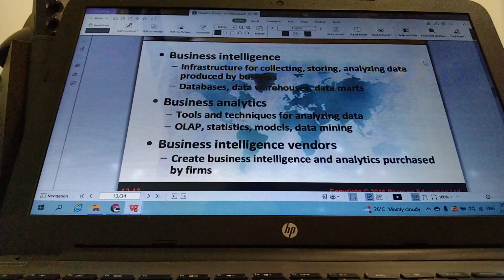One of the areas is known as business intelligence, which is a system used for collecting, storing, analyzing data produced by business. Okay, so when you have a BI, for example, a business intelligence system in your company, basically you're using this system for collecting, storing, analyzing data produced by your business.